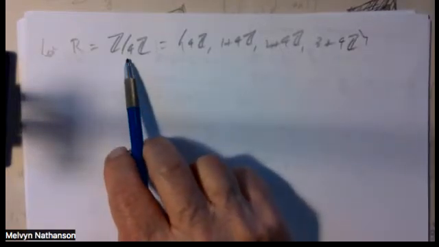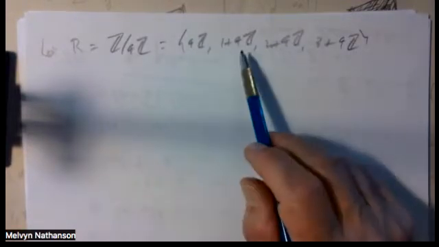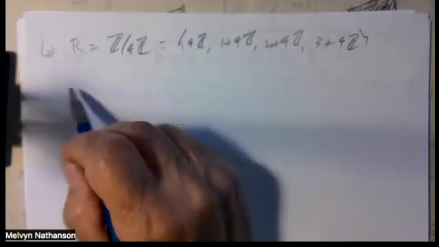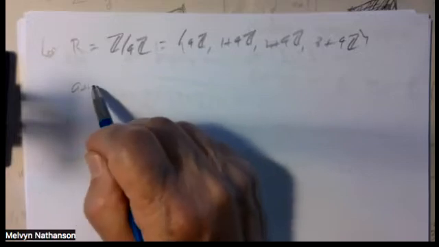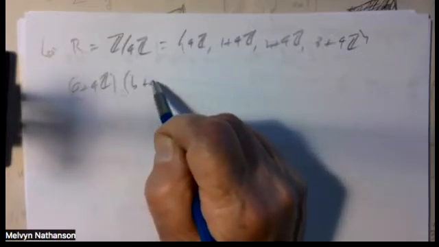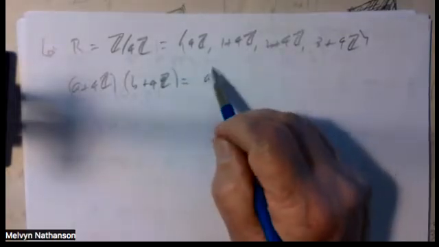These are all the integers divisible by 4, everything which is 1 mod 4, everything 2 mod 4, everything 3 mod 4. And multiplication is defined by a plus 4Z times b plus 4Z is ab plus 4Z. That's our multiplication.